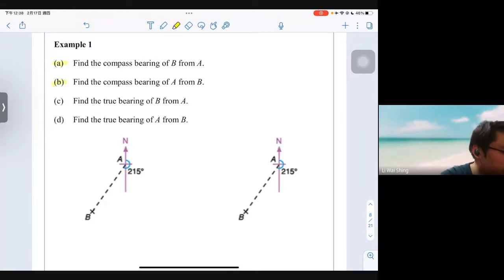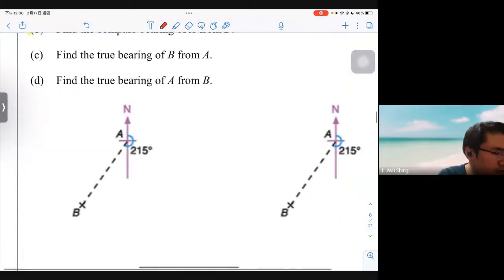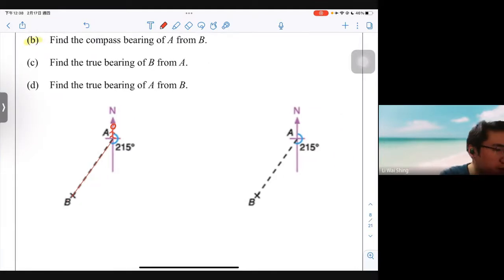In part A, you need to find the compass bearing. Compass bearing, that means the one that looks like this. Of B from A. So you are standing at A and looking towards B. You want to find the compass bearing, so the degree, the angle size.